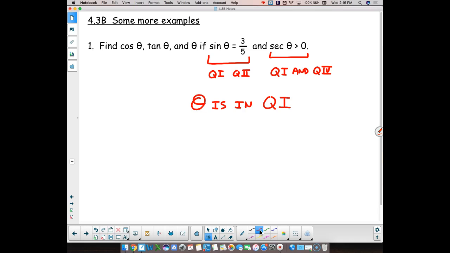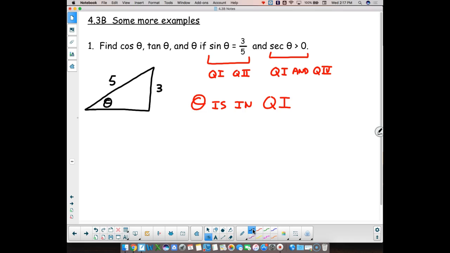Okay. So knowing the fact that theta is in quadrant number 1 now, that's going to be theta. Sine from SOHCAHTOA is opposite over hypotenuse. So the opposite side is 3. The hypotenuse is 5.